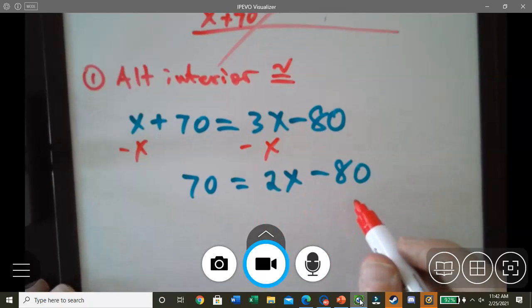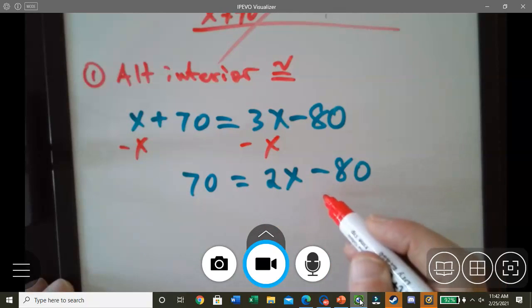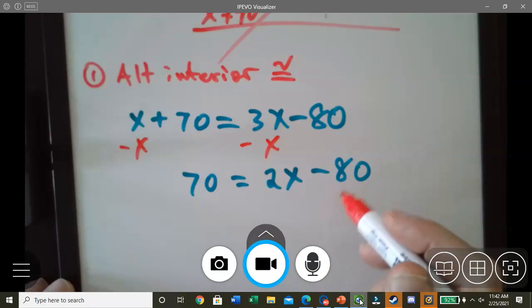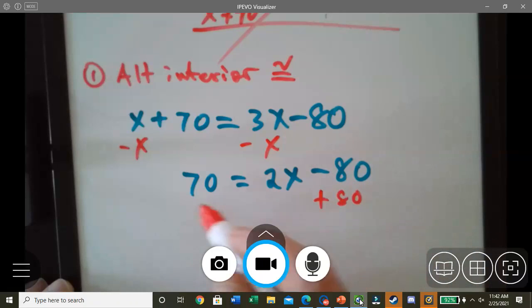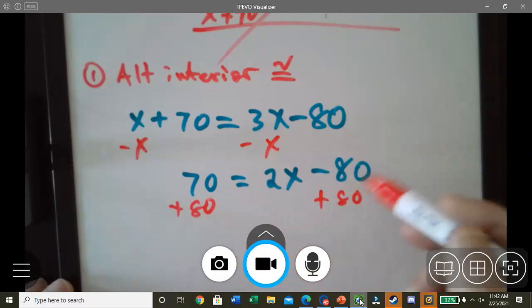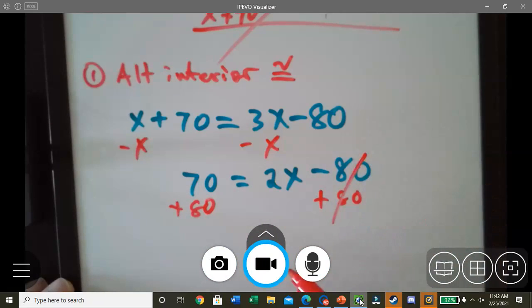We got to move that 80, right? Plus 80, plus 80. Negative 80 and positive 80 go to 0. So that'll be 2x equals what? 150, right?